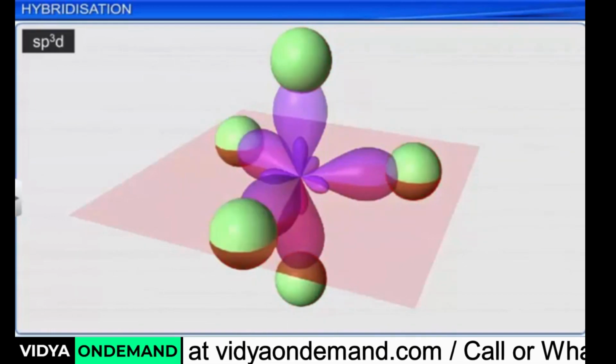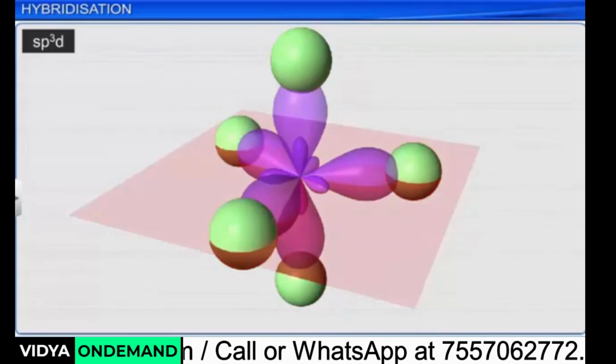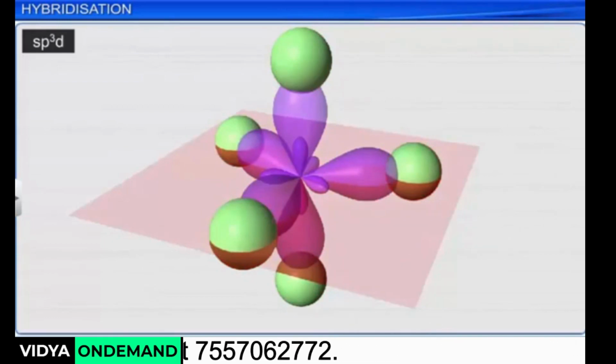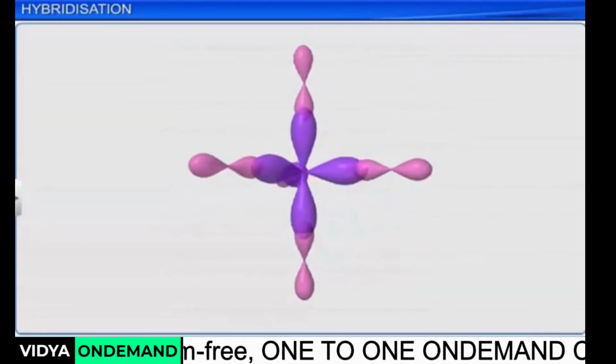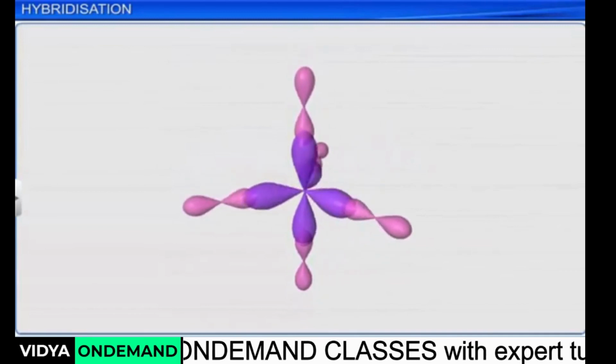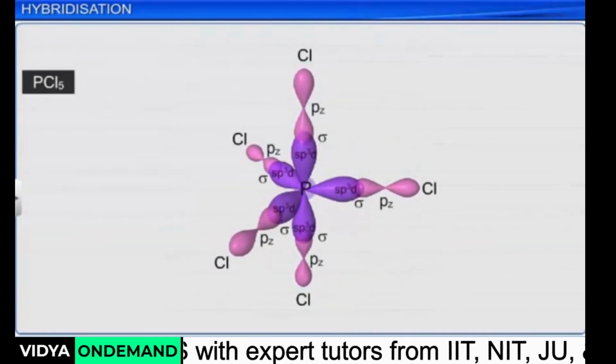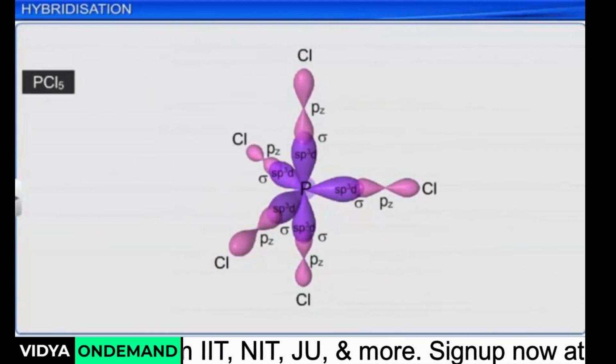Ultimately, this makes molecules with sp3d hybridization more reactive. The central atom, phosphorus, in the compound PCl5 displays sp3d hybridization.